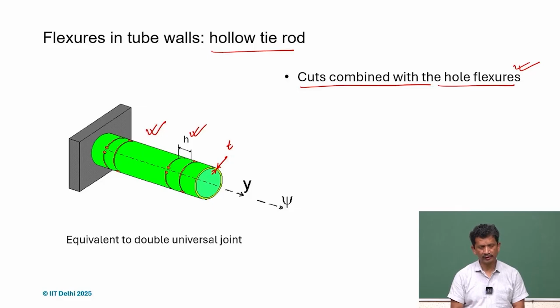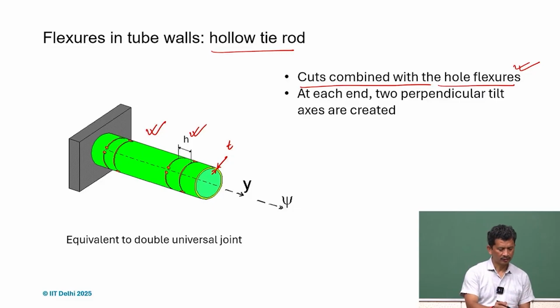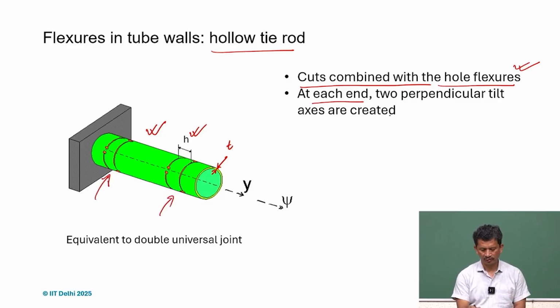So we realize that at each end, if we consider this end and this one, we have created two perpendicular tilt axes, in this case the z and x directions.